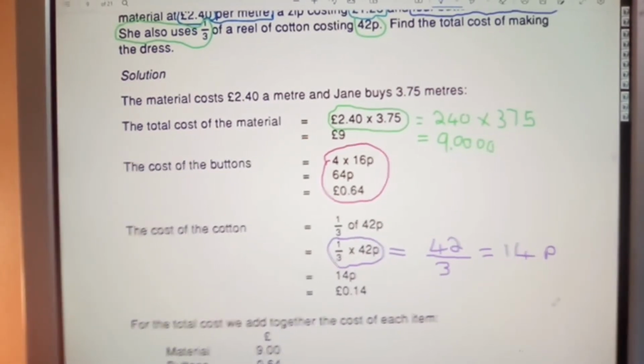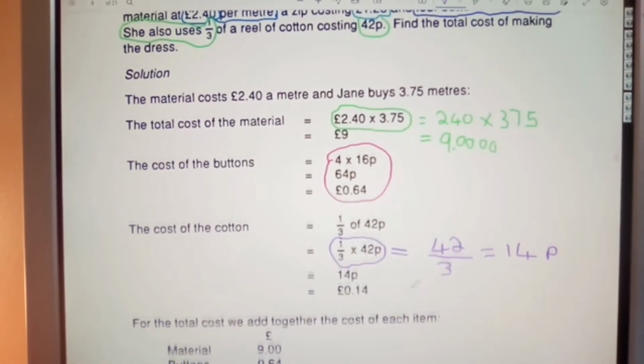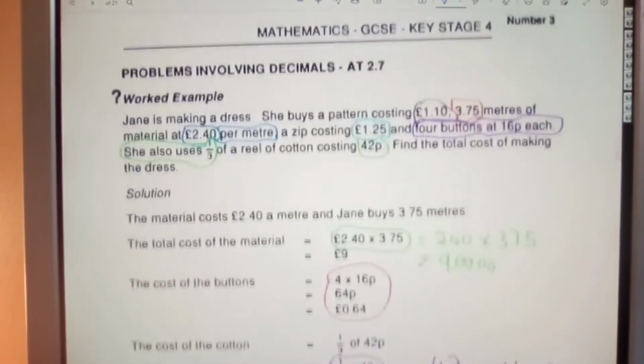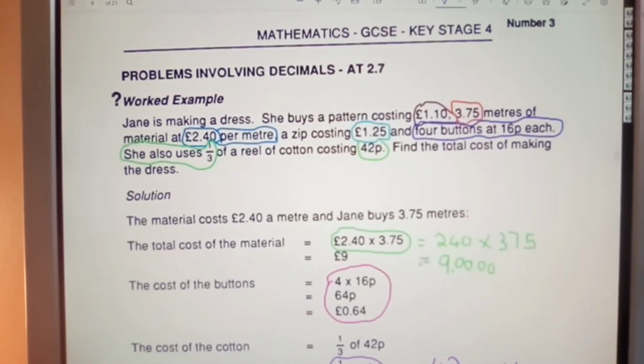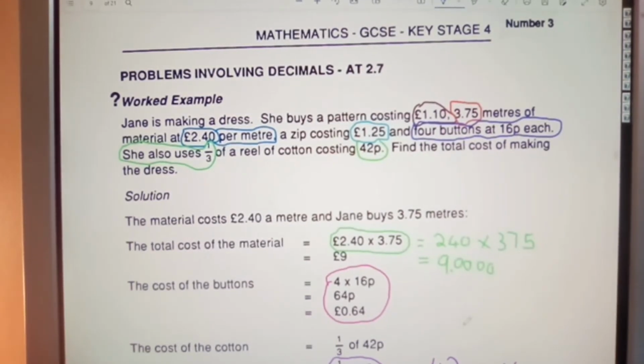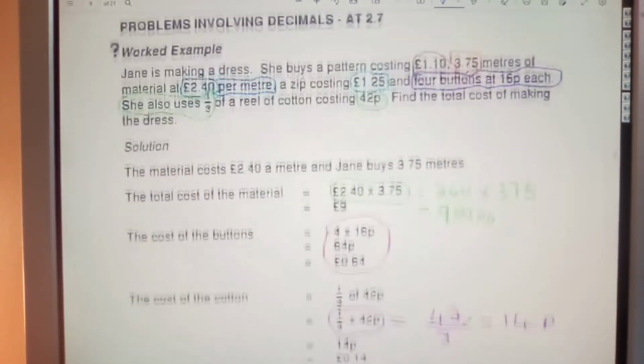Okay, and that's what we will do. Now for the total cost, we add together the cost of each item, and here you have £9.64, 14 pence. The pattern is £1.10.